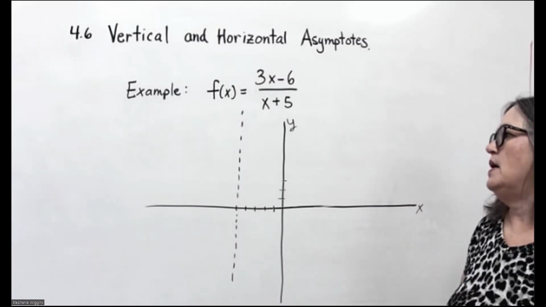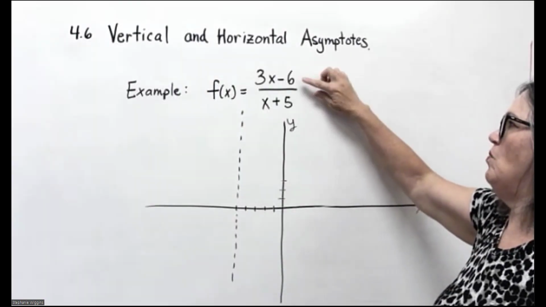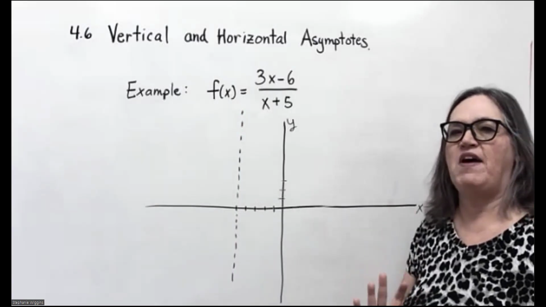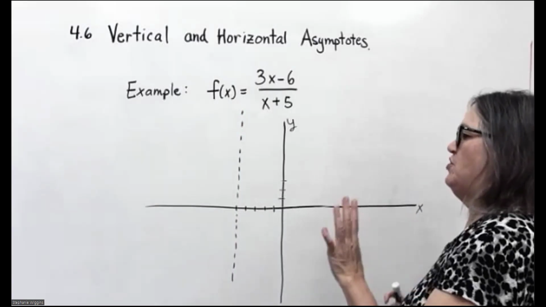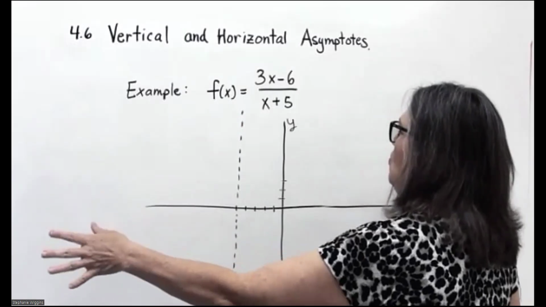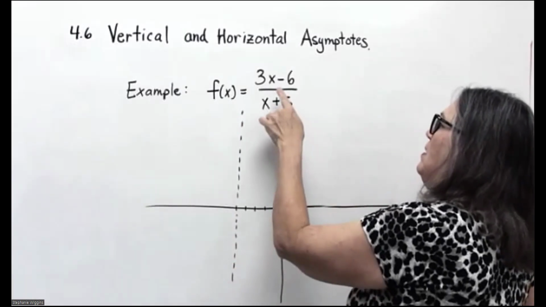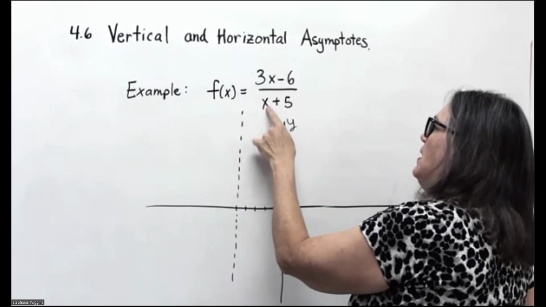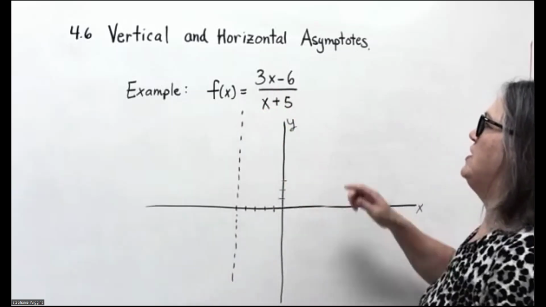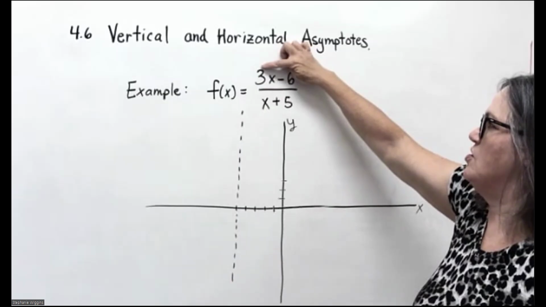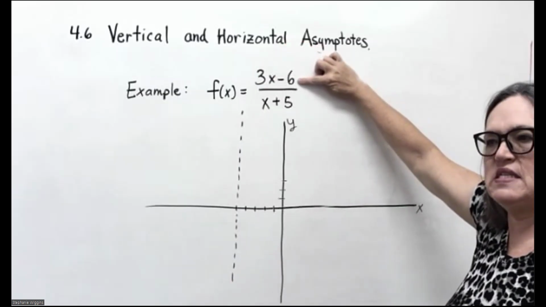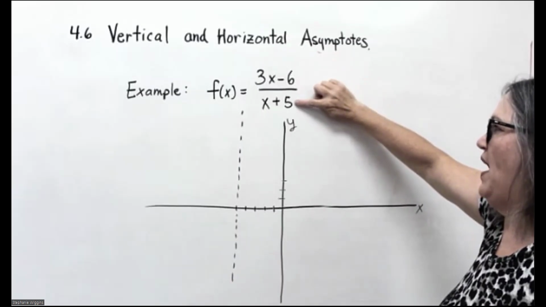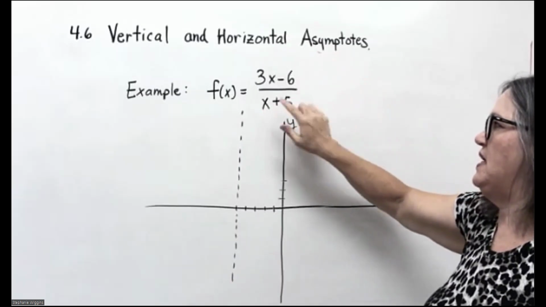Okay, so similarly, let's think about what is going to happen for very large values of x. Let's say we head off to infinity or -infinity, either one. If we take a huge number like 1,000,000 and plug it in for x, you're going to get 3 million, because of the 3, and then this -6 is negligible. So is the 5. If you're adding 5 to 1,000,000, it's negligible.